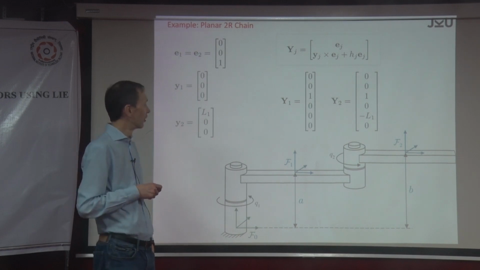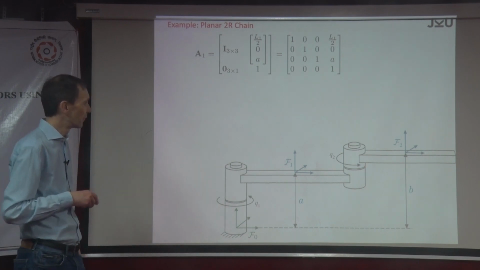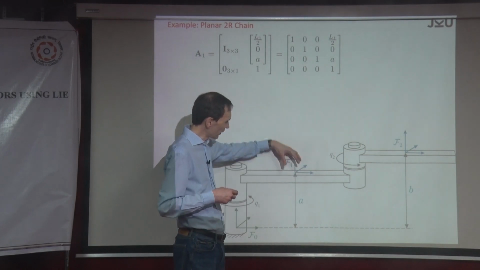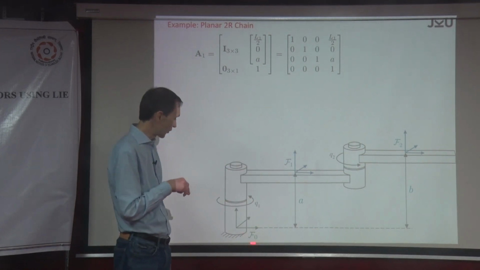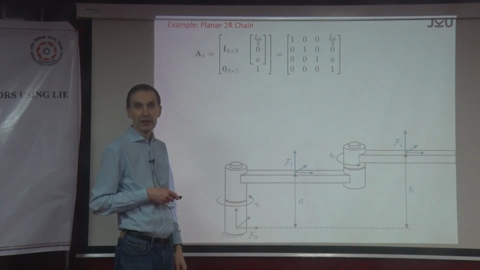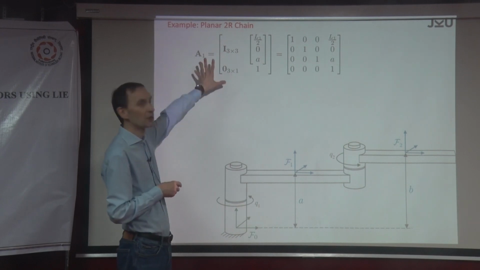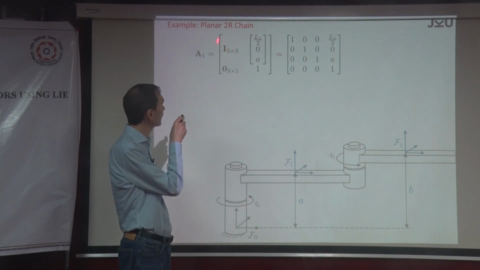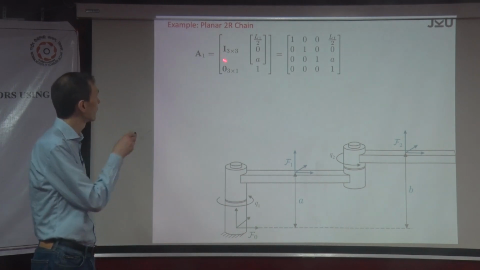That's not difficult, because to make life easier, I oriented them so that they initially have the same orientation as the space fixed frame. So the orientation of this and this and this are all the same, which means that initially this is the identity matrix. This is the homogeneous matrix that tells you the absolute reference configuration. So this is the identity, because they are the same rotation. The rotation matrix is the identity.